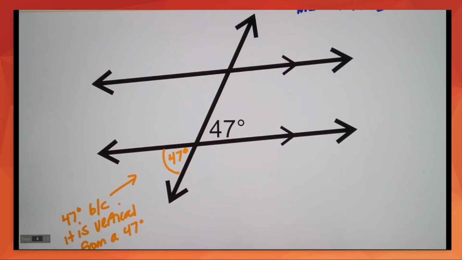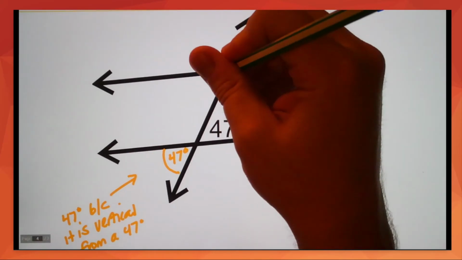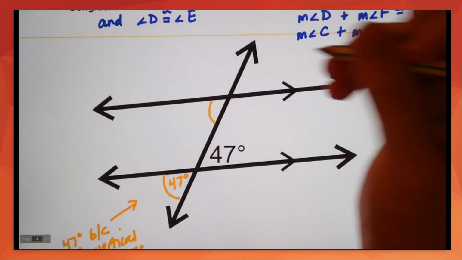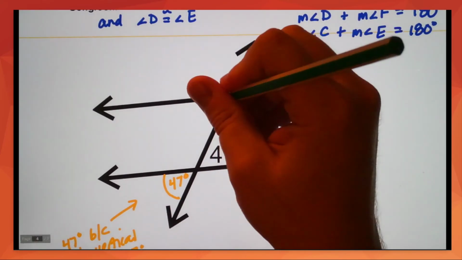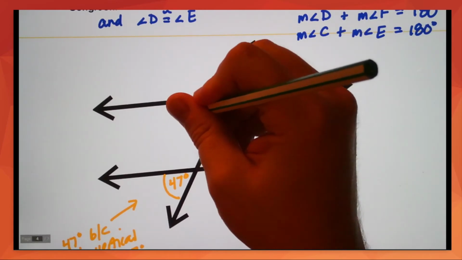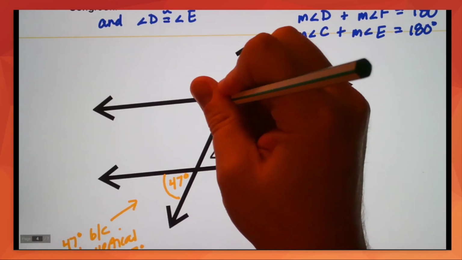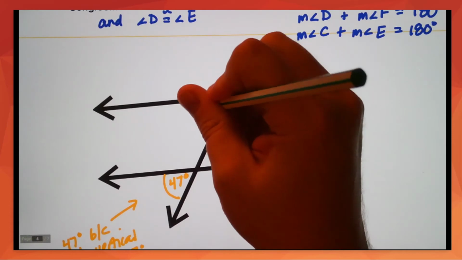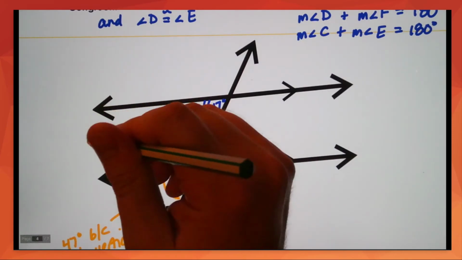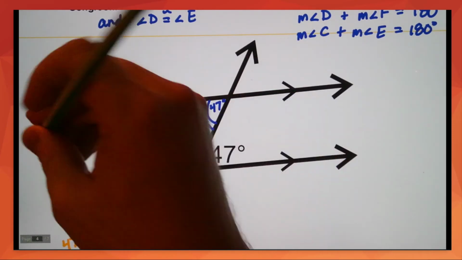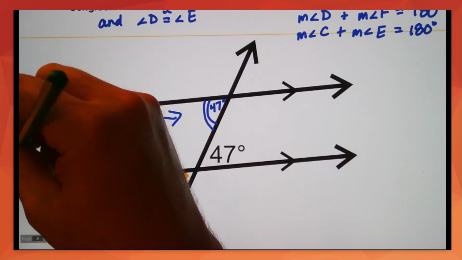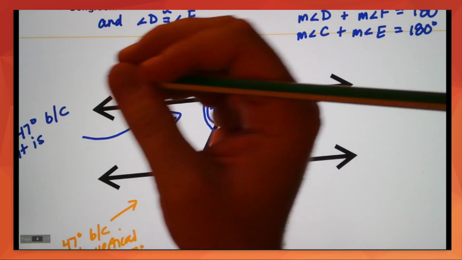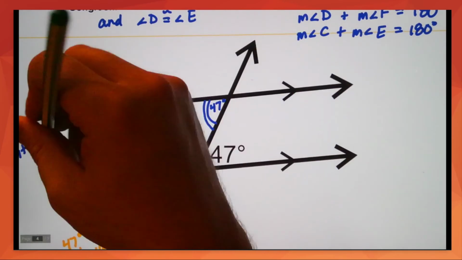And what do I do next? Well, let's use blue. Oops, my color didn't change. One second. We'll use blue. This angle is also going to be 47. Okay. And I know this to be true. It's 47 degrees because it is complementary.